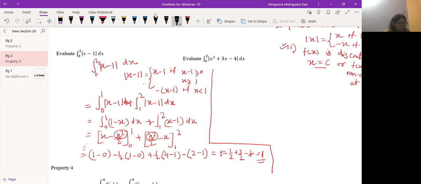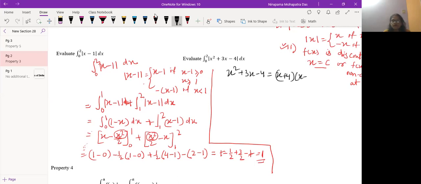Okay, in quadratic form, first of all you have to see how to split the interval 0 to 2 into two subintervals. First of all, x square plus 3x minus 4. If you factorize this, it becomes (x plus 4) into (x minus 1).